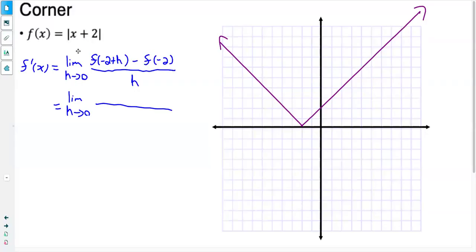So the 2's are going to cancel out, and that's just the absolute value of h. And then minus f of -2. If I substitute -2 in, that gives me absolute value of 0, which is just 0.